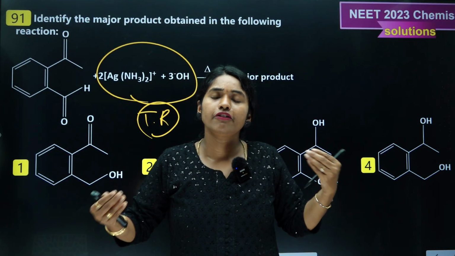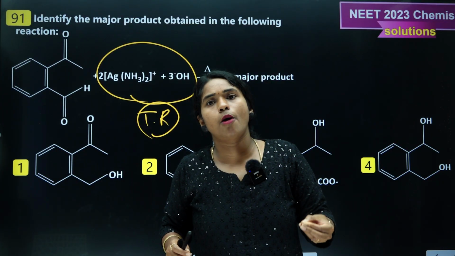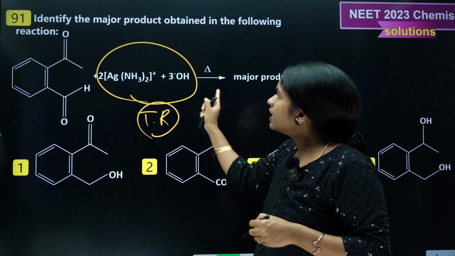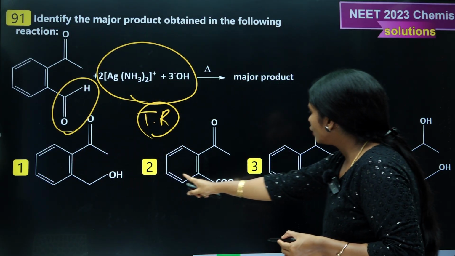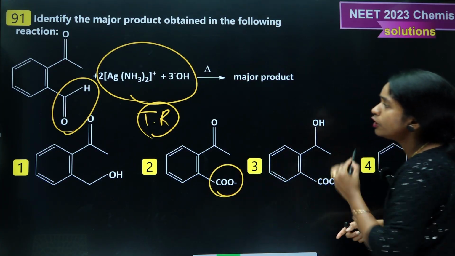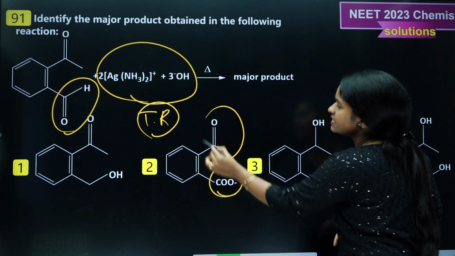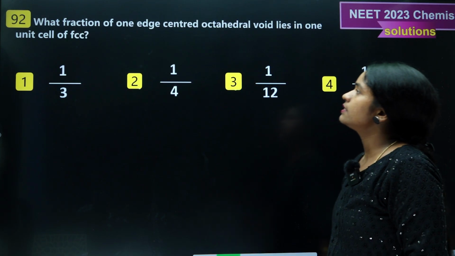In the product, it will form Ag. So a black color precipitate will be formed. Upon boiling, we get a silver mirror, right? So here this is an aldehyde group. This aldehyde group will be converted into the salt of the carboxylic acid, whereas the ketone group remains as a ketone, there will be no change. So option 2 is the correct answer.